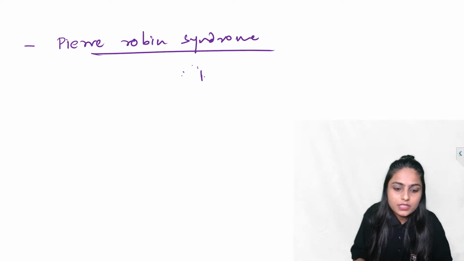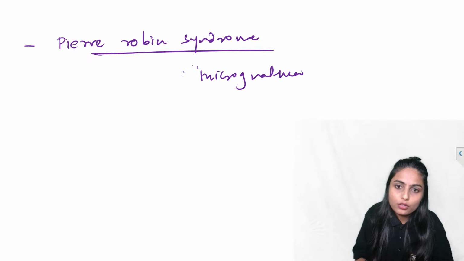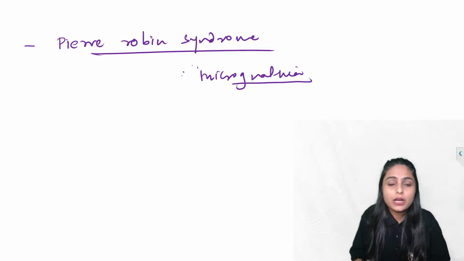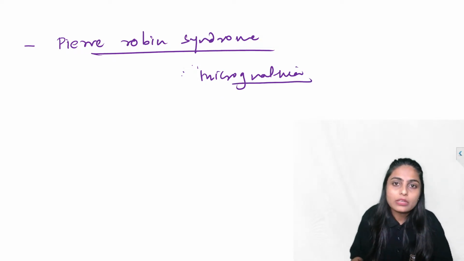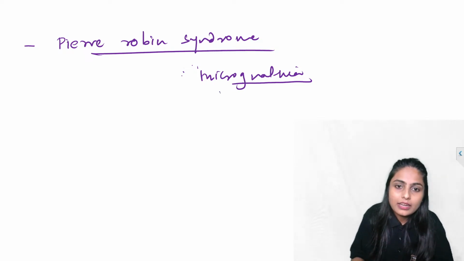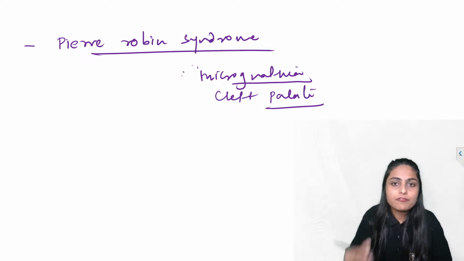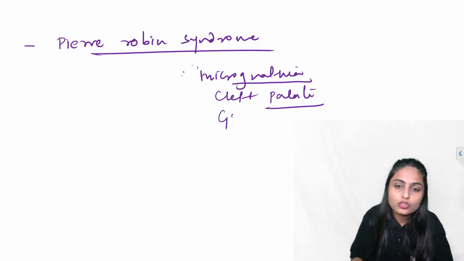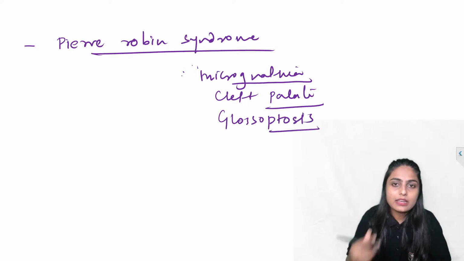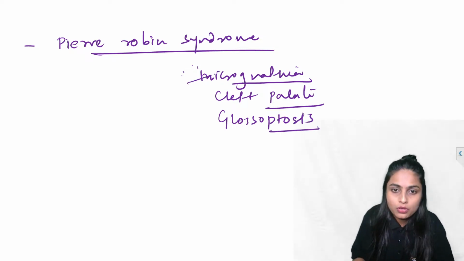First is micrognathia. Micrognathia is the first feature. Micrognathia, small mouth, cleft palate is seen, and glossoptosis.